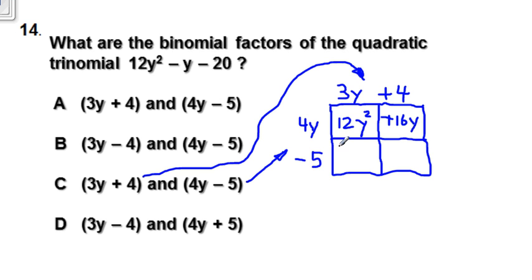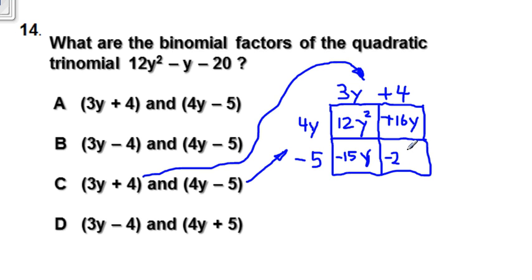Here we have 3y times negative 5, so negative 15y in the lower left, and in the lower right we're going to have 4 times negative 5 for negative 20.